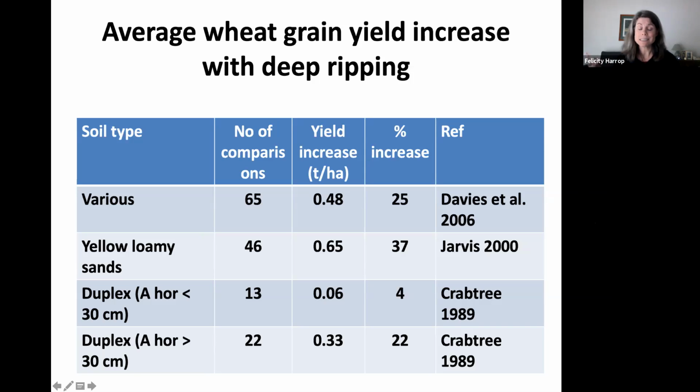And it was pretty dusty as well. So yeah, similar to you, Richard, that balance of getting a bit of moisture so that you can get the shattering, but not so wet that you get that shearing. So yeah, look, Western Australia, we've probably done most ripping on sands or loamy sands, but there is interest in ripping on clays.